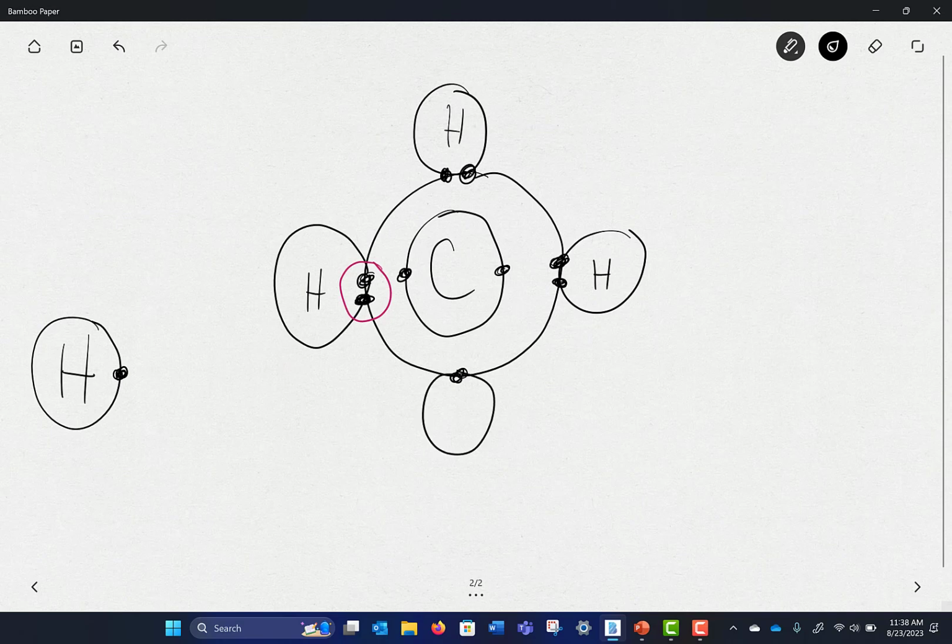And the result is we now have 4 hydrogens that have full valence shells. Each of those hydrogens has 2 electrons now. And carbon now has 8 valence electrons. It's happy. Its valence shell is full. Everyone here is happy. No one took electrons. No one gave away electrons. They're all sharing, and they're sharing equally.